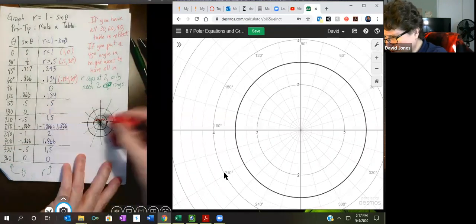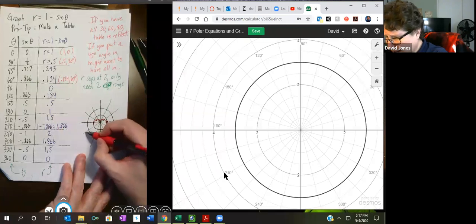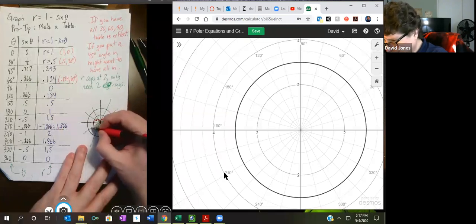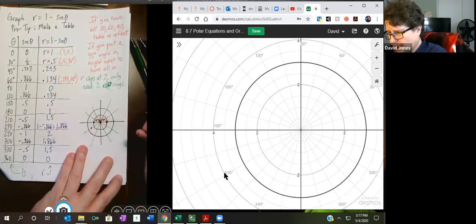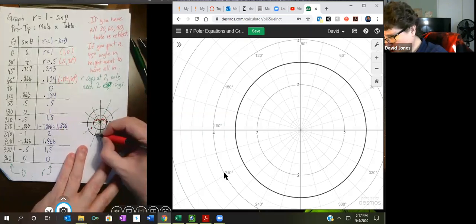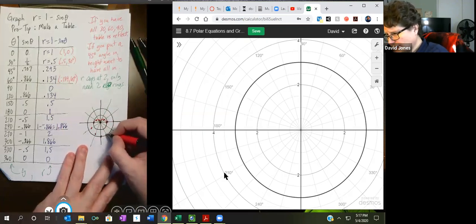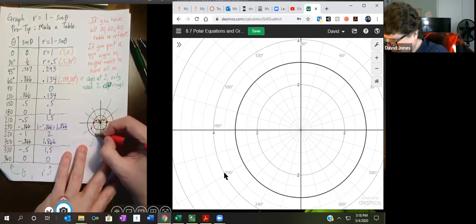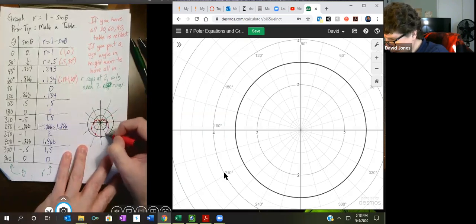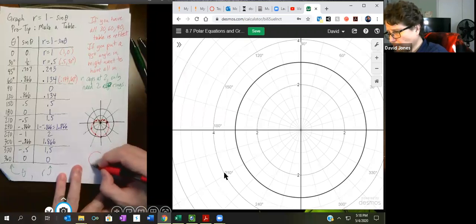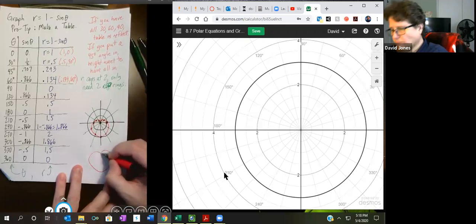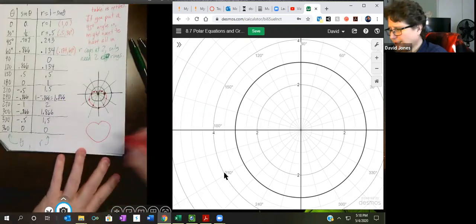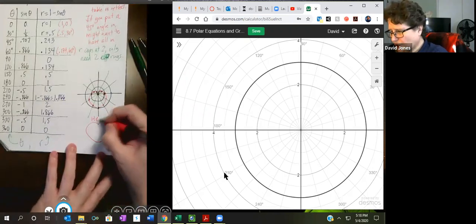At 210 degrees, this line right here, I go out to 1.5. At 240, I'm almost all the way out to 2. And at 270, I am at 2. And then it starts to shrink back in. And we connect the dots. It looks like a heart.